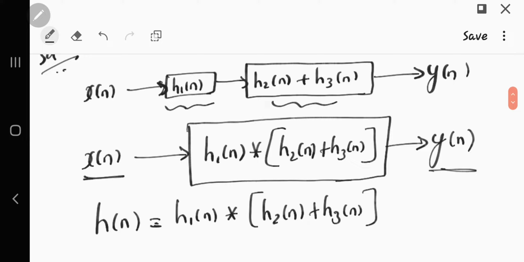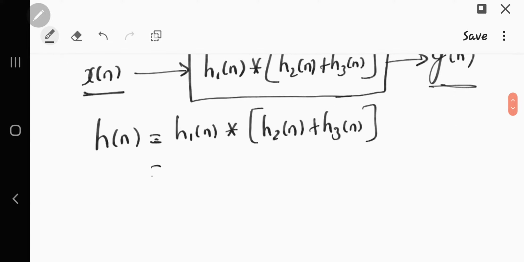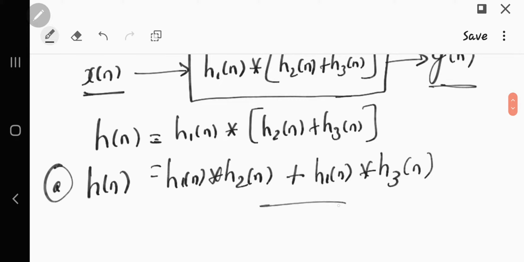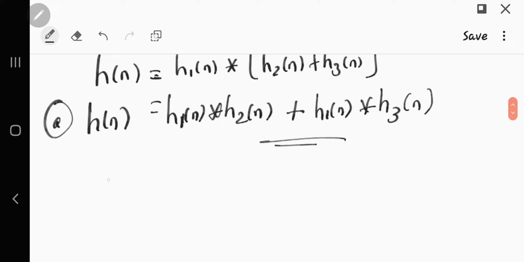If you simplify this, h1 of n is convolved with h2 of n plus h1 of n is convolved with h3 of n. This is the first part, expressing h of n in terms of h1 of n, h2 of n and h3 of n. They also asked to evaluate h of n using this result.